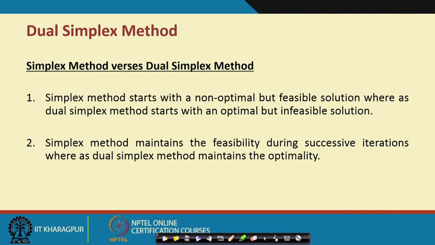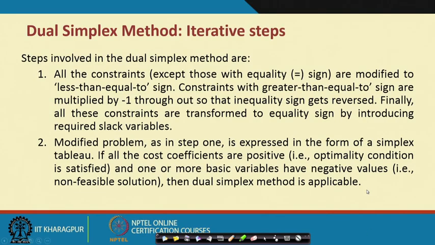The simplex method maintains feasibility during the successive iterations, whereas the dual simplex method maintains optimality. As for the steps, the first requirement is that all the constraints except those with equality signs are modified to less than or equal to, and constraints with greater than or equal to sign are multiplied by -1 throughout, so that the inequality sign gets reversed. Finally, all these constraints are converted to equalities by introducing slack variables.